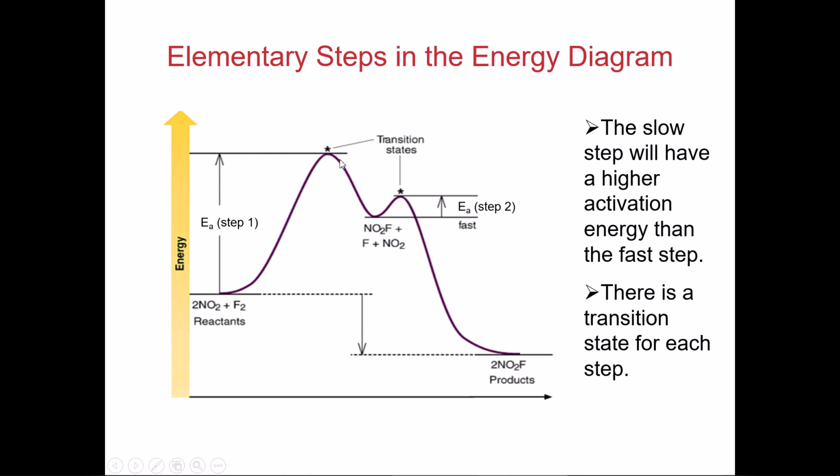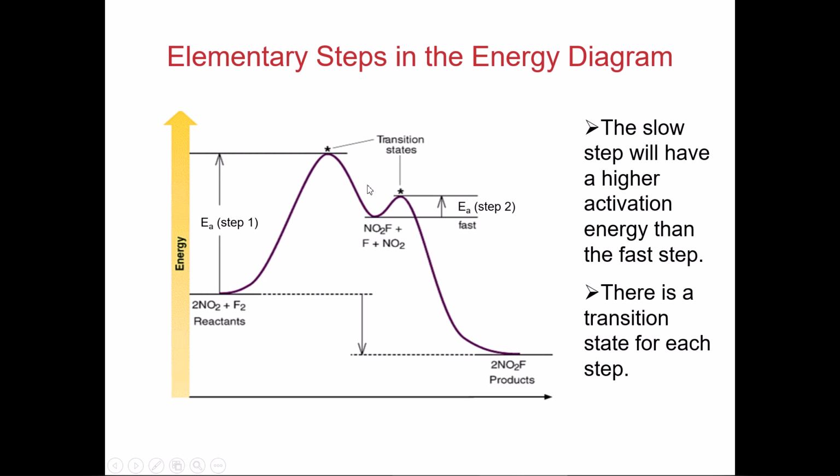Then energy decreases as we go to the products of step 1. And then step 2 begins immediately. Step 2 has a separate activation energy that's not at all the same as step 1 to get to a second transition state, and then energy decreases down to products.